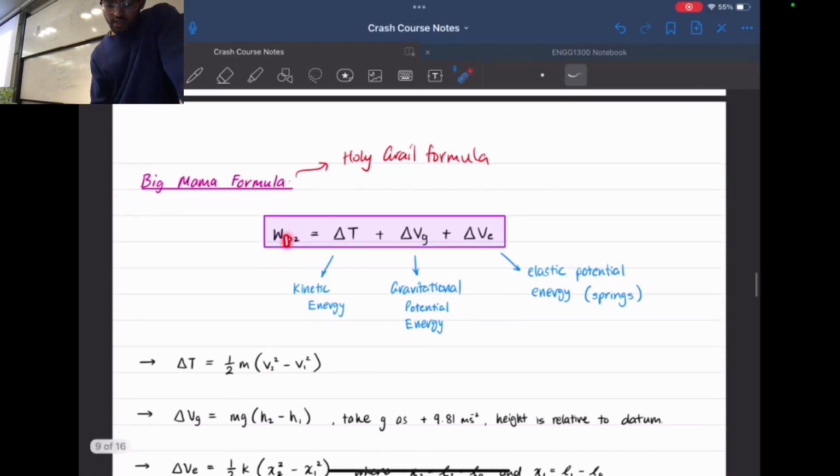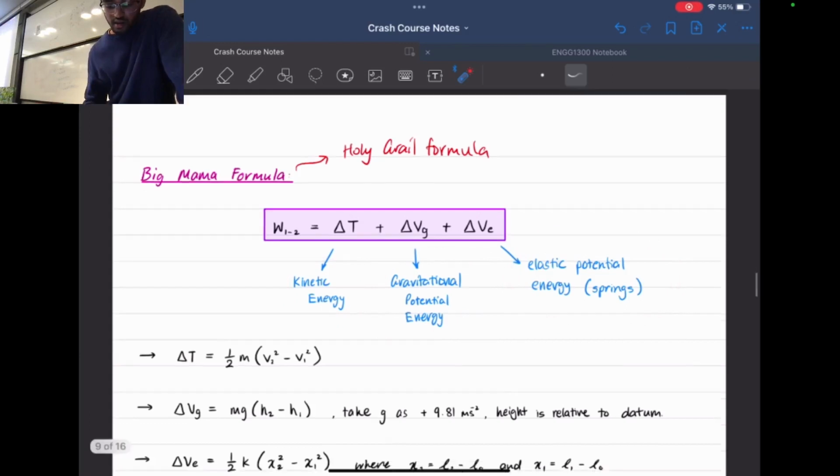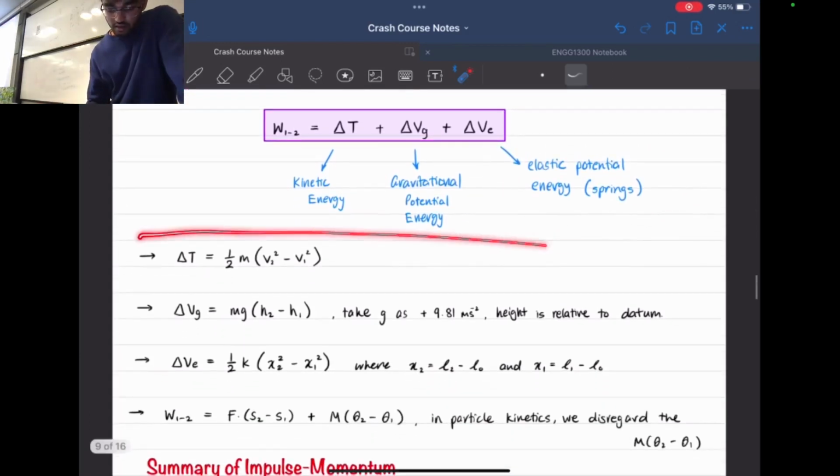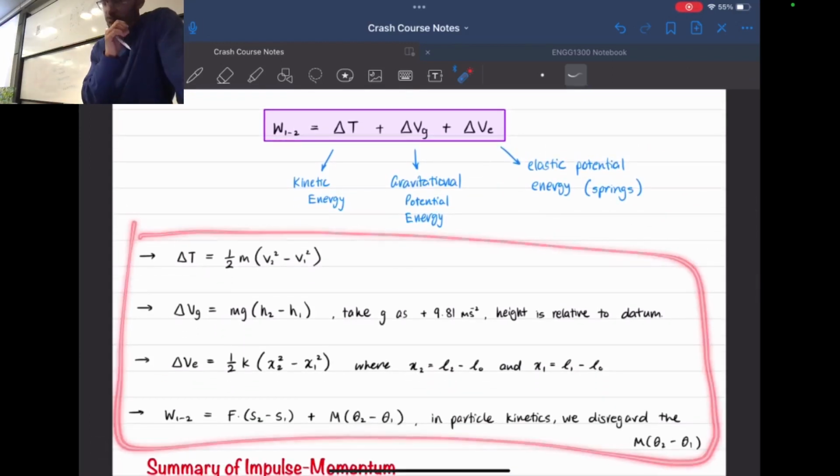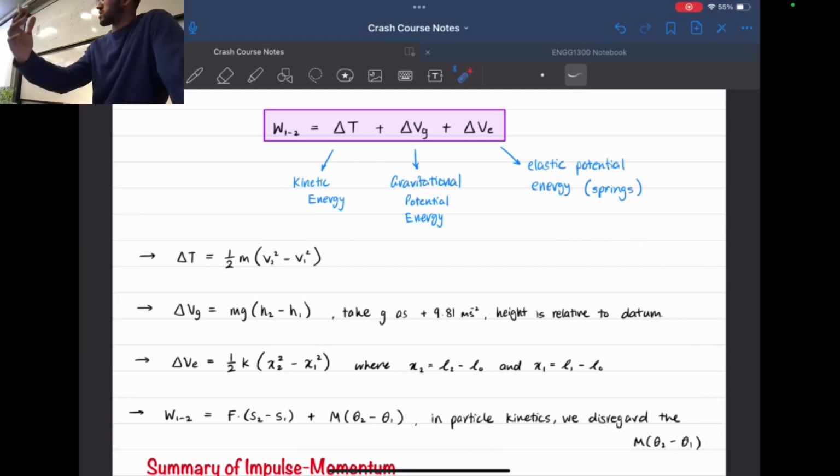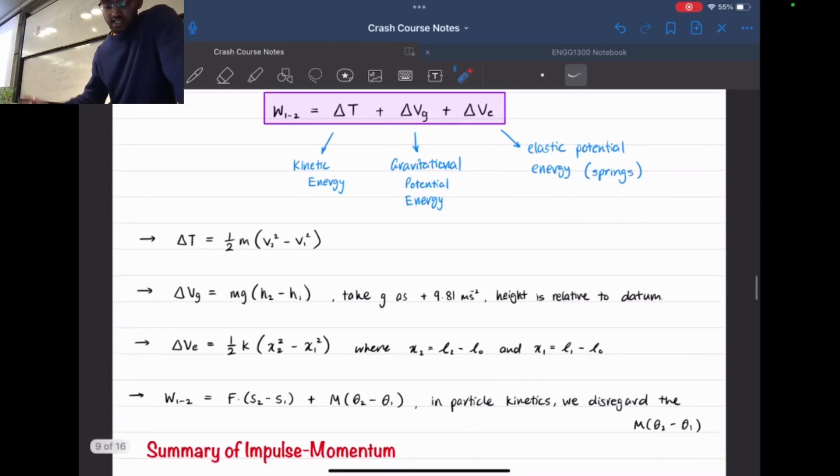Between states 1 and 2, you take into account kinetic energy, gravitational potential energy, and also energy from springs. And what I've done over here, I've broken up most of the formulas that you guys will be seeing for kinetic energy, gravitational potential energy, and elastic energy.